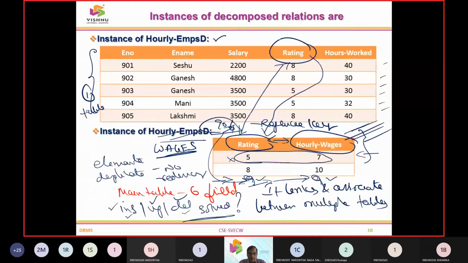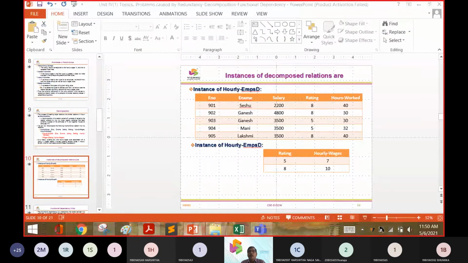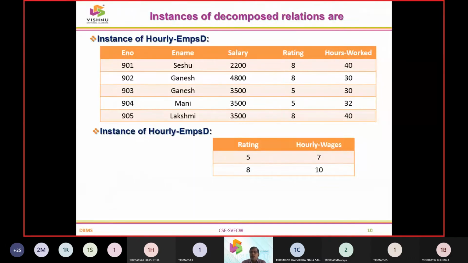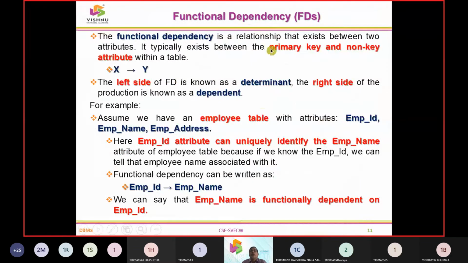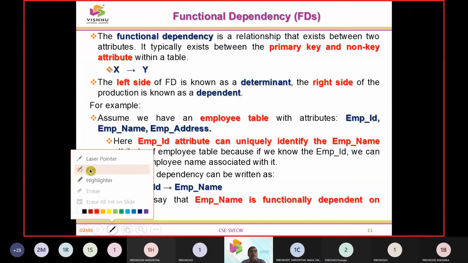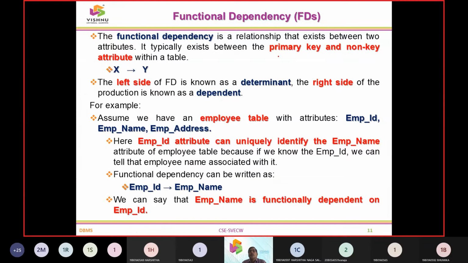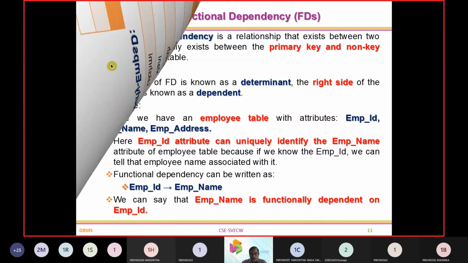Okay, now coming back to the table again. We were mentioning it typically exists between a primary key and a non-key attribute.